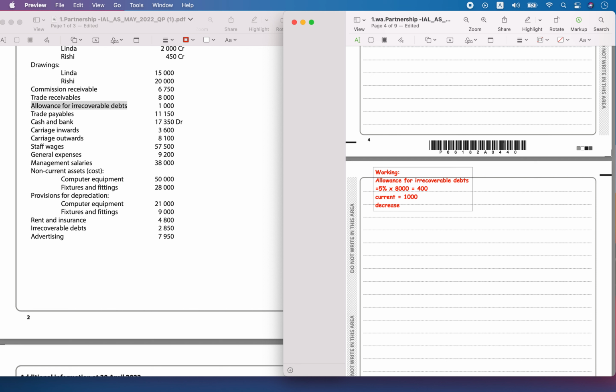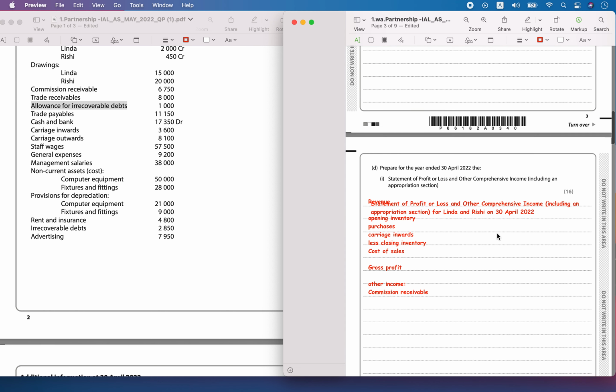So there is a decrease in provision, and it will become other income. So that is equal to 1,000 minus 400, that's 600.